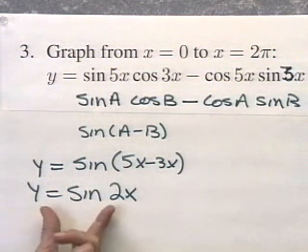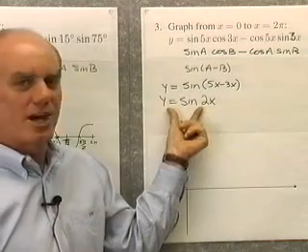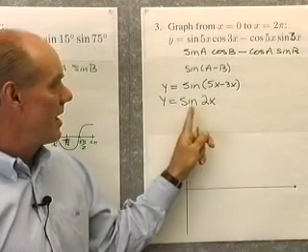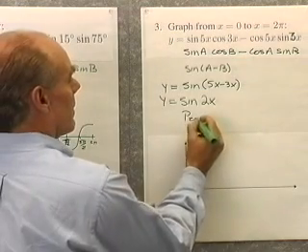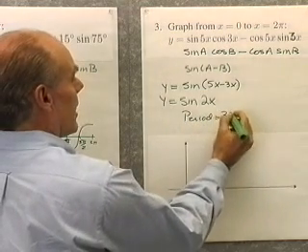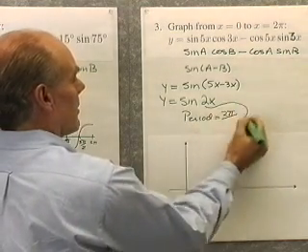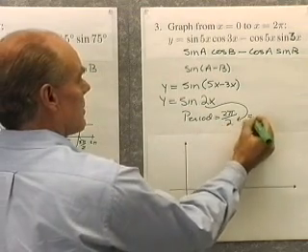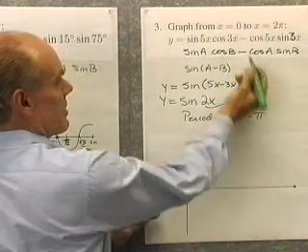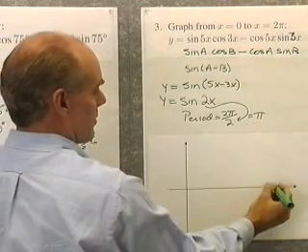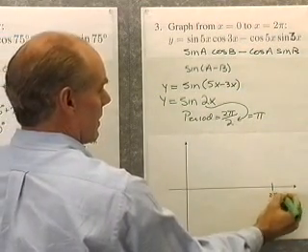So y is equal to the sine of 2x. So I want to graph the equation y equals sine 2x, and I see that my amplitude is going to be 1. My period will be 2 pi divided by the coefficient of x, which is 2. So I get a period of pi. Now the instructions say to graph this from 0 to 2 pi, so I'm going to put 2 pi in here on the curve.